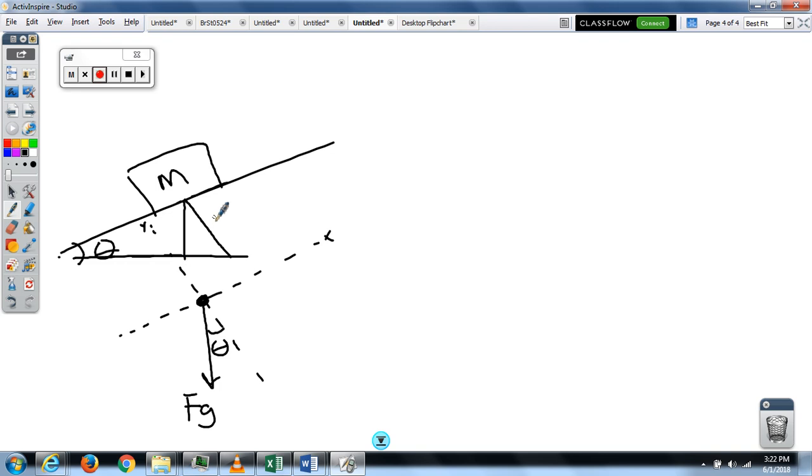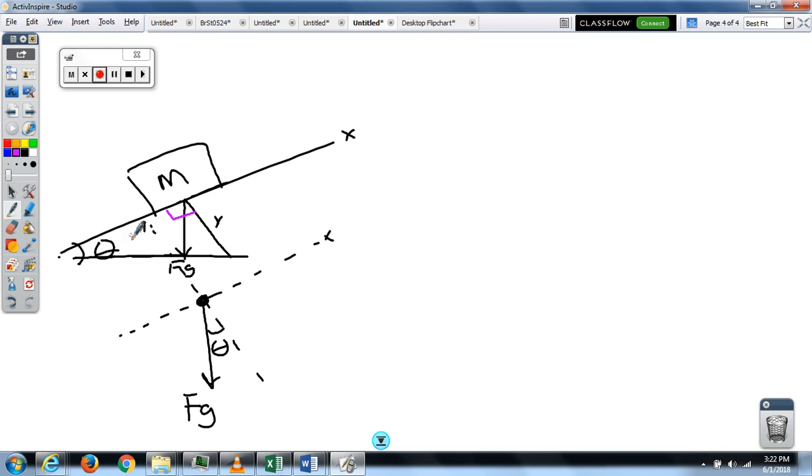If this is our y-axis, and this is our F_G direction, and this represents our x-axis, this angle here has to be 90 degrees between our ramp and this perpendicular.